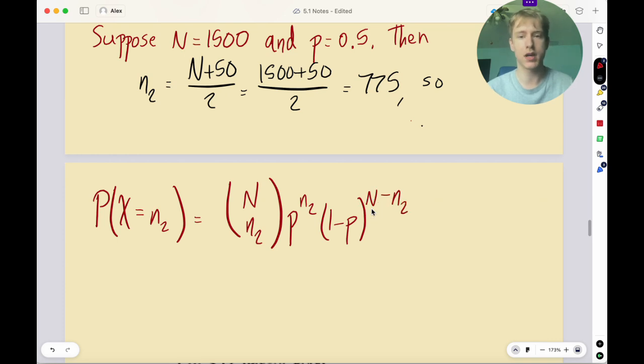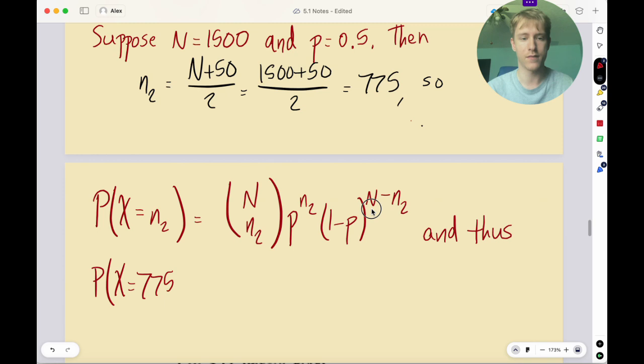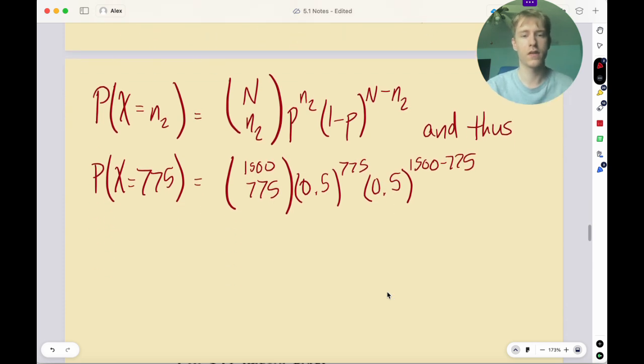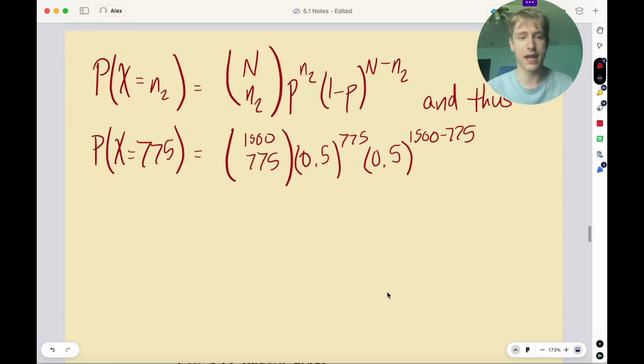Plugging in the numbers, the probability that X is 775 is 1500 choose 775 times 0.5 to the 775 times 0.5 to the 1500 minus 775. I'm going to type that into my calculator really quickly.